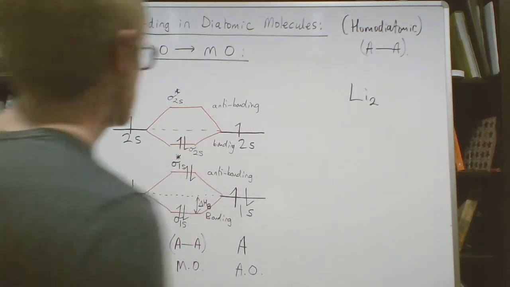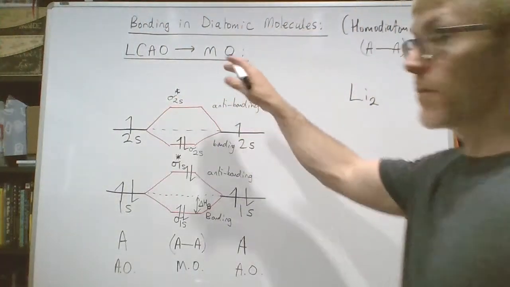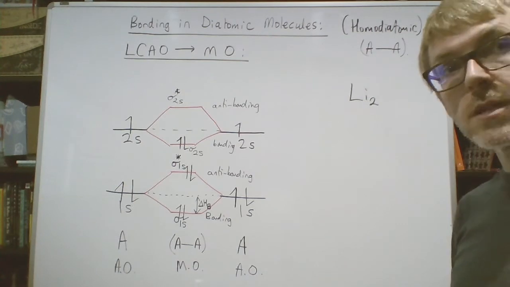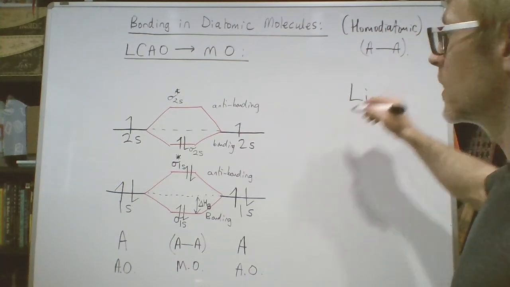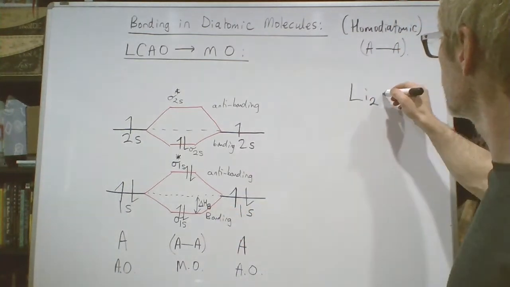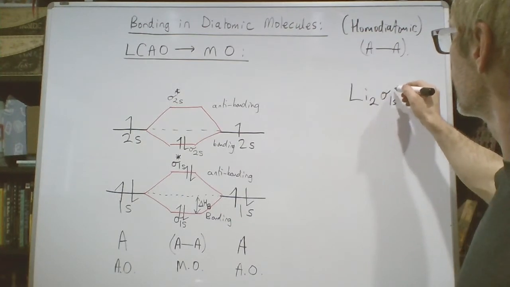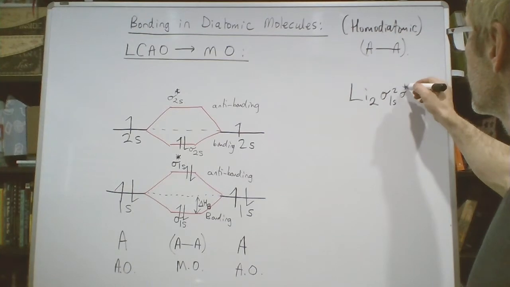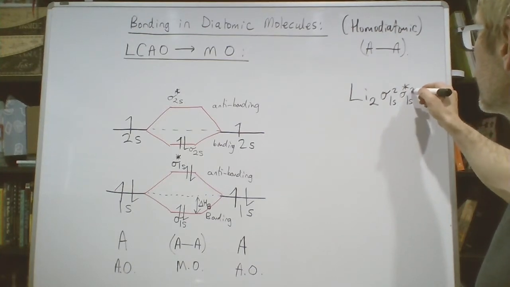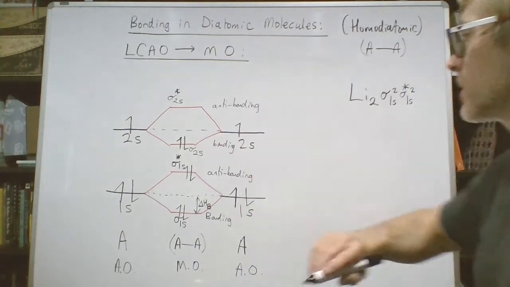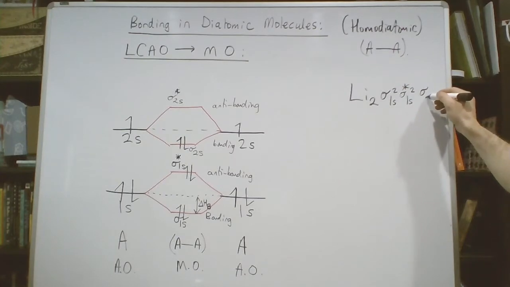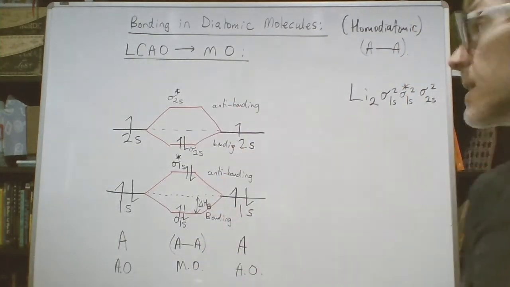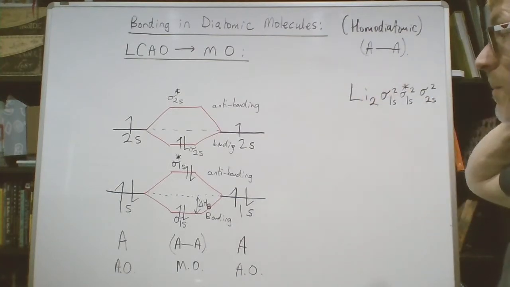And so when I look at the electron configuration for the molecular orbitals of our supposed molecule Li2, we have sigma 1s2, sigma star 1s2, the anti-bonding orbital, and then we have sigma 2s2. So there's my 6 electrons in this molecule, 3 from each lithium.